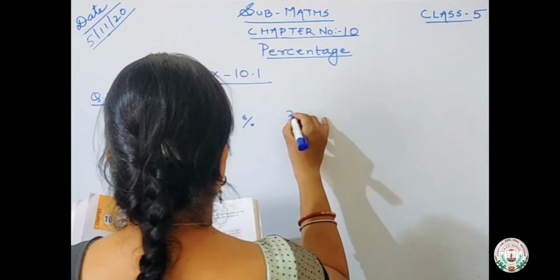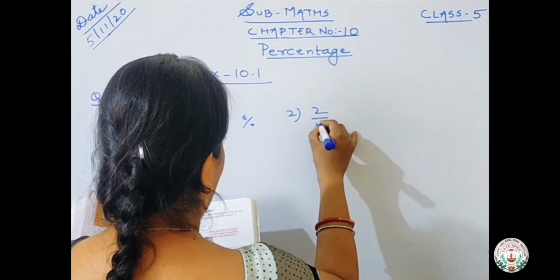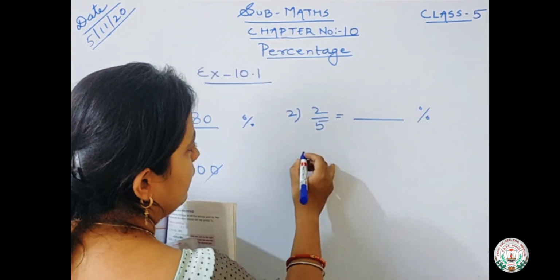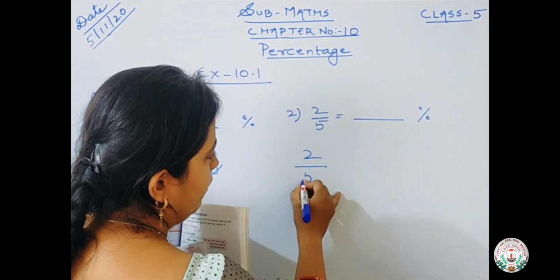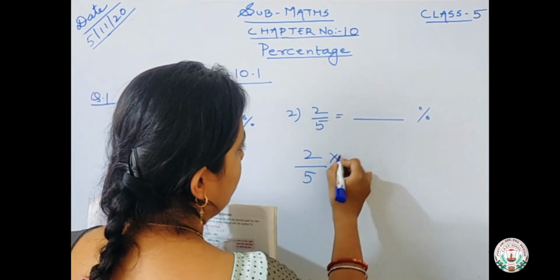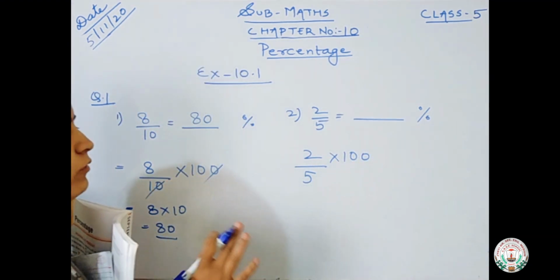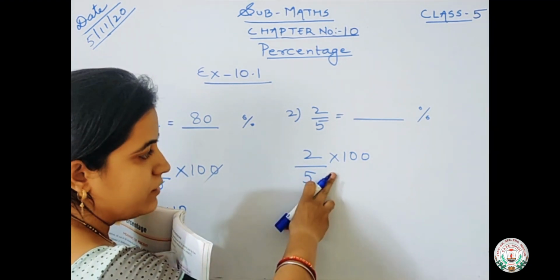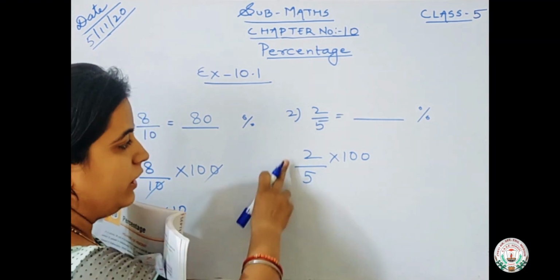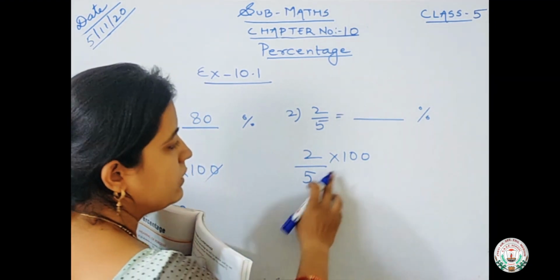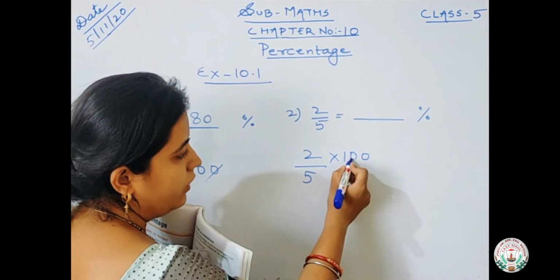Number 2 is 2 by 5 is equals to dash percent. Likewise, we will solve it the same way: 2 by 5 into 100. We will see whether these can be cancelled out or not.